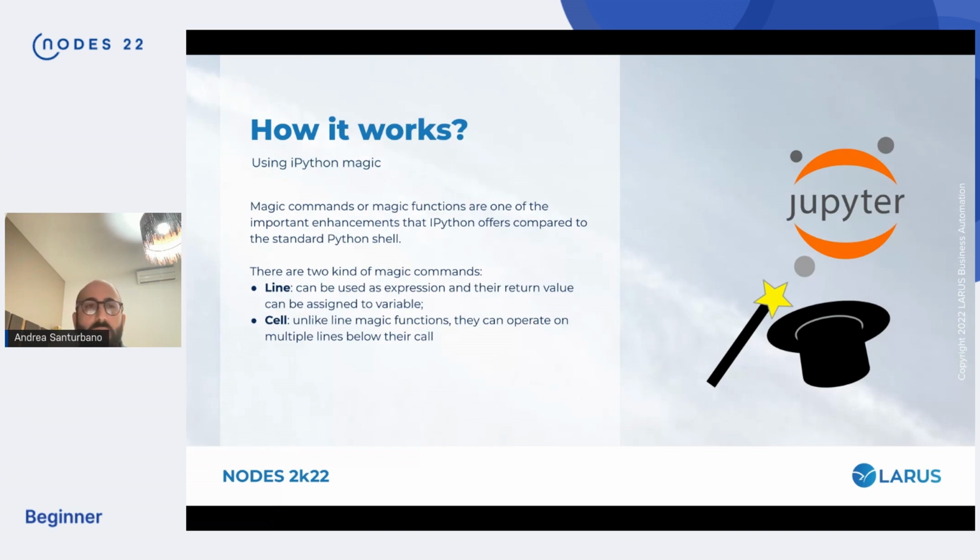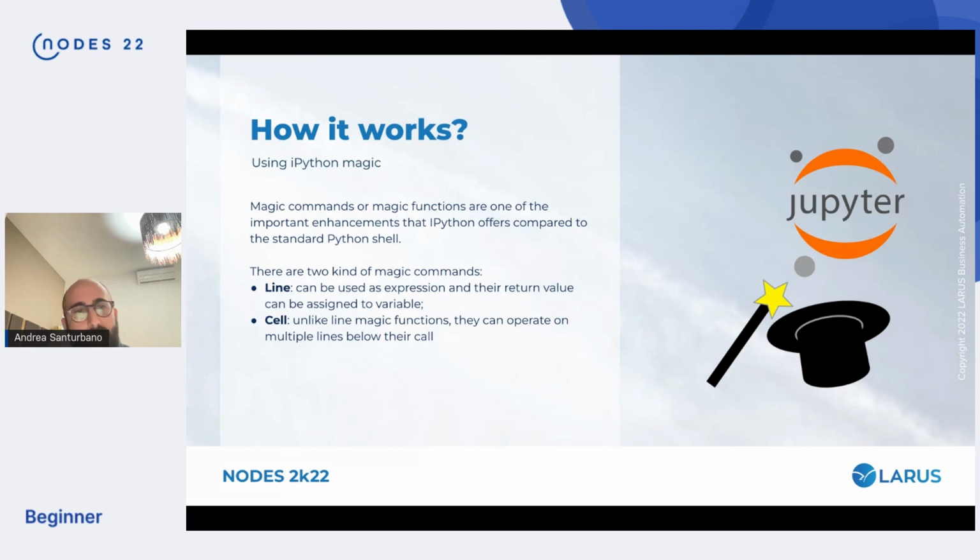How does it work? We basically use Python magic commands and functions. So it works on all IPython-based notebooks, like Jupyter, the Databricks cloud notebooks, and others. There are two kinds of magic commands that cy2py allows you to use. The line magic, which can be used as an expression and generally returns a value that can be assigned to a variable, and the cell magic, which after its activation can operate on multiple lines below the call.